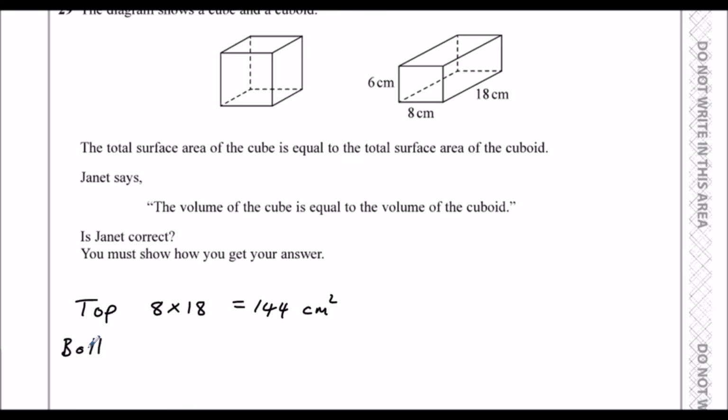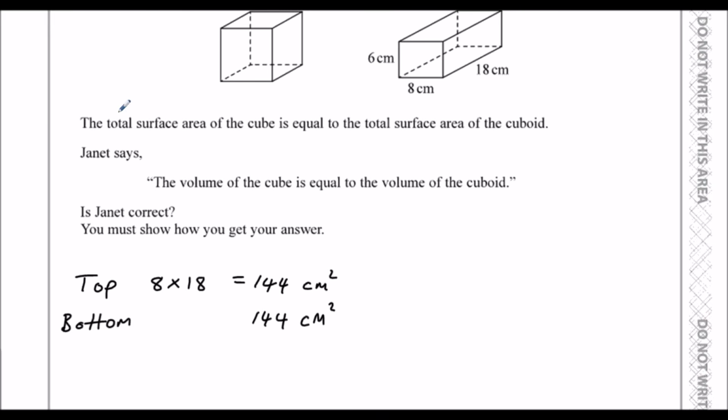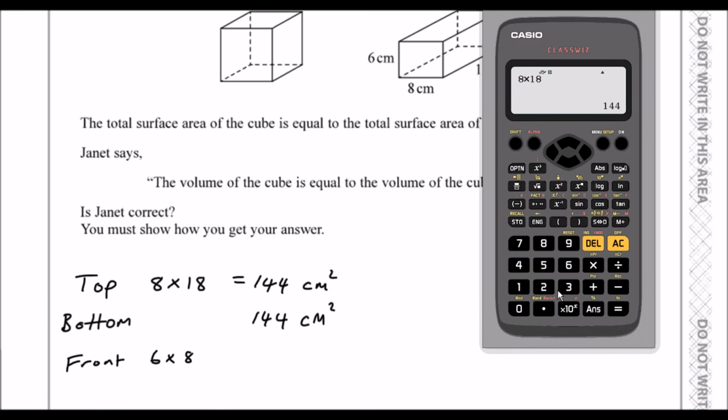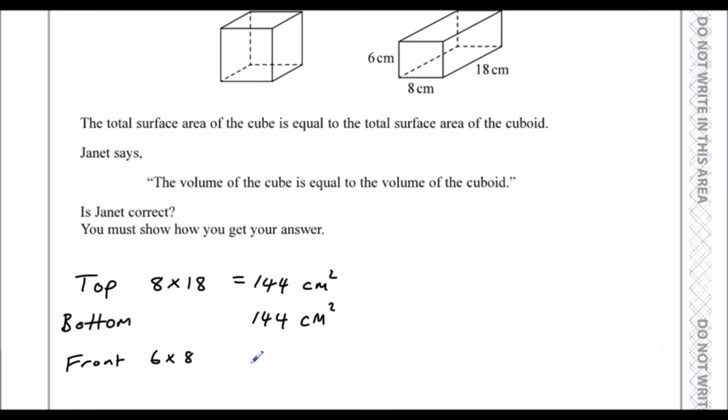The bottom is the same as the top, so that's 144 centimeters squared as well. Then we've got the front, which is 6 times 8. So 6 times 8 is 48, so that's 48 centimeters squared. The back is the same as the front.